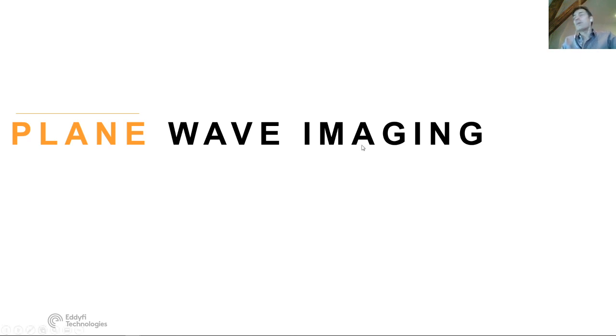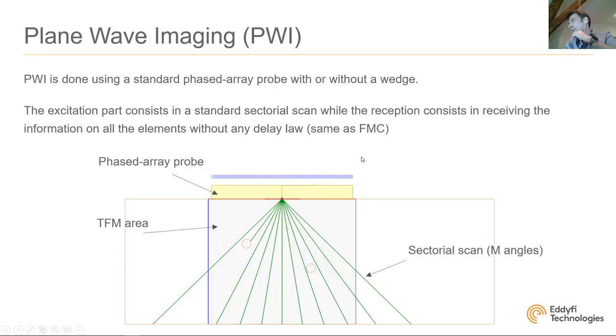But essentially, instead of firing all the elements one by one, you are firing all the elements, doing a sectoral scan. And the idea, of course, is to have this sectoral scan with a number of angles less than 64, because when you do that, you obtain a matrix that has less data.